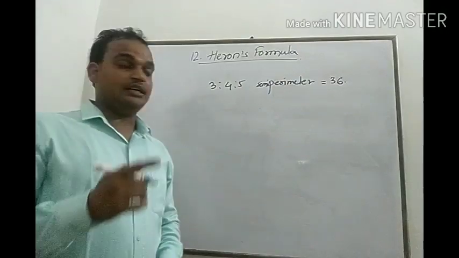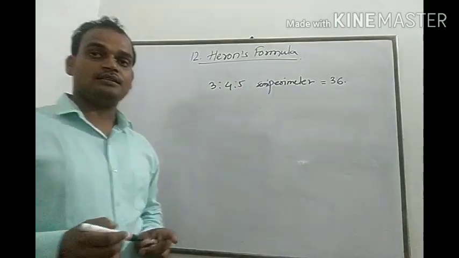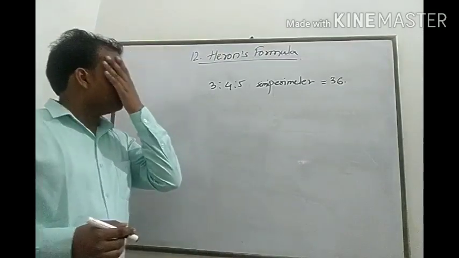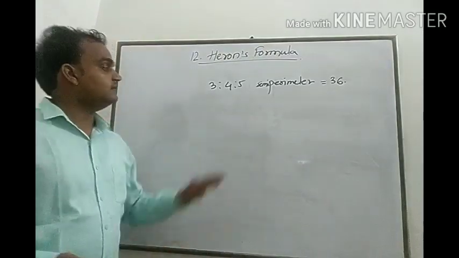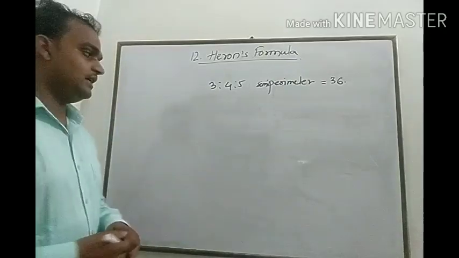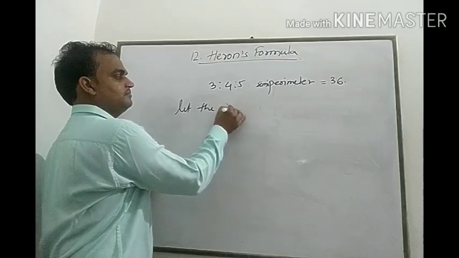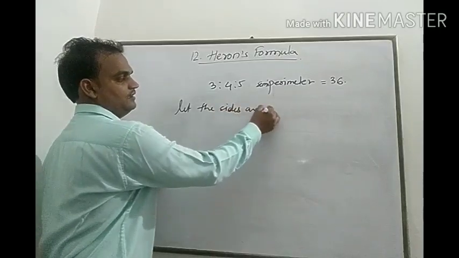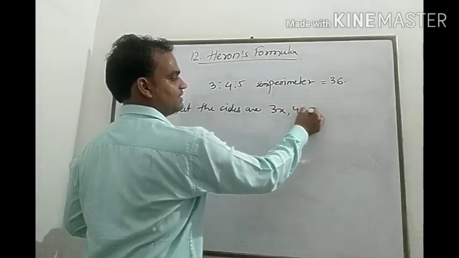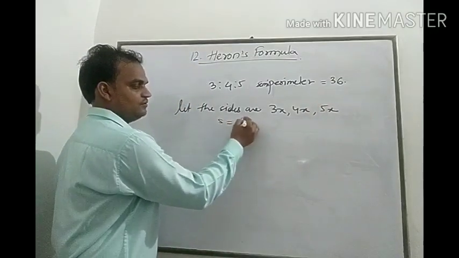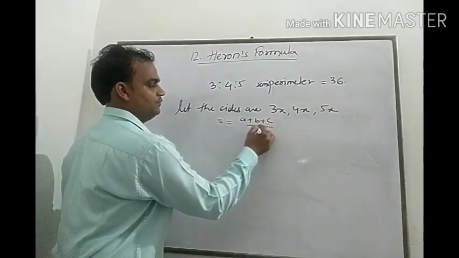For area, we have to use Heron's formula, under root S into S minus A, S minus B, S minus C. But we do not have A, B, C. There is a ratio. So let us suppose the sides are 3x, 4x and 5x. Now we know that S equals A plus B plus C upon 2.